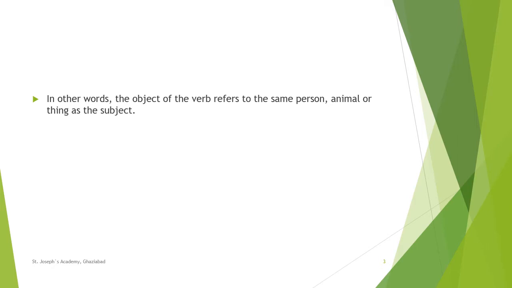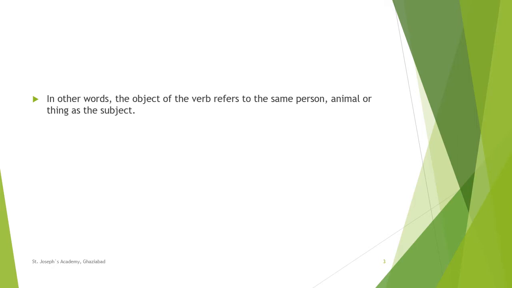You all must know what a subject is. As you know, the sentence is divided into two parts, subject and predicate. The subject is the naming part and the predicate is the doing part. The subject is the name of a person, place, or thing we speak about.